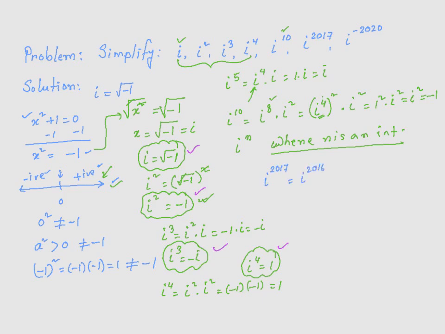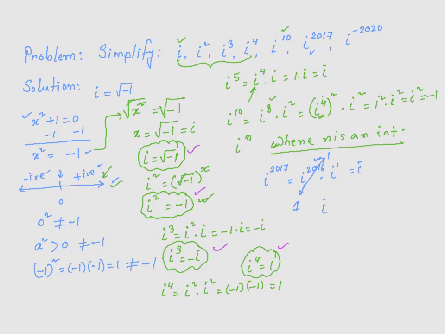Why 2016? Because 2016 is divisible by 4. Anytime you have an exponent of i that is divisible by 4, this whole thing becomes just 1. Remember that. So i to the power 2017 is equal to i to the power 2016 times i. i is the same as i to the power 1, so 1 plus 2016 is 2017. But this guy is just 1, so it's going to be just i. So i to the power 2017 is just i.